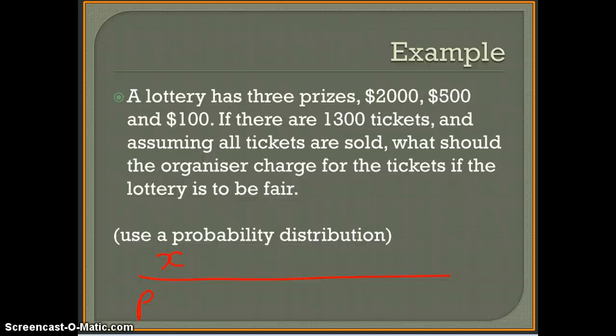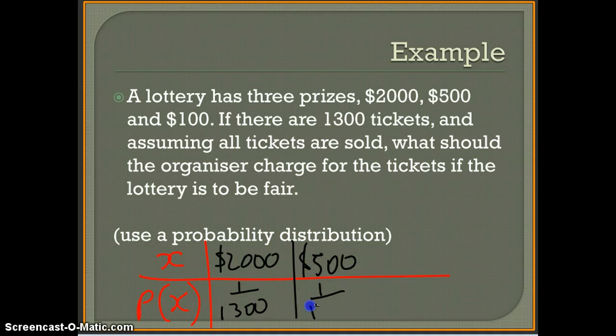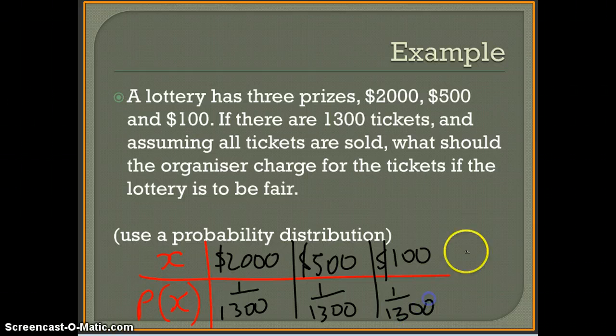Okay, so what we did here is we put an x and the probability of x occurring, and then we said x could be 2,000, and the probability was 1 over 1,300, and 500, 1 over 1,300, and then 100, 1 over 1,300, and 0.